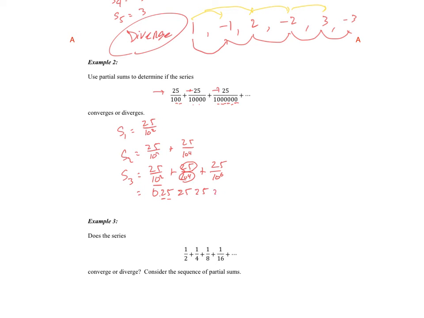So then I would just keep on adding 25s based on this pattern. All right, so again, what am I approaching? I guess I'm just adding on more and more over here. Technically, you are getting to be a larger number, but your pattern is... So now we can obviously see this is going to be a repeating decimal.